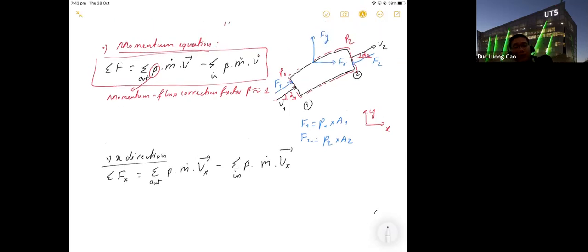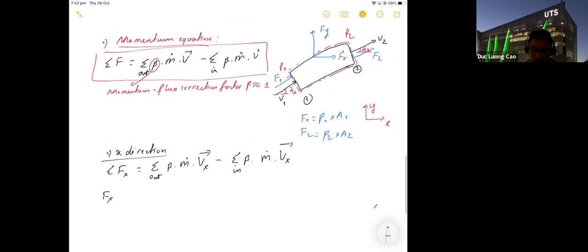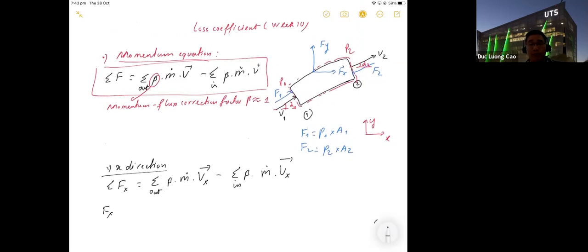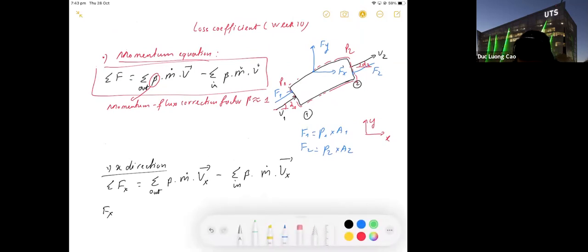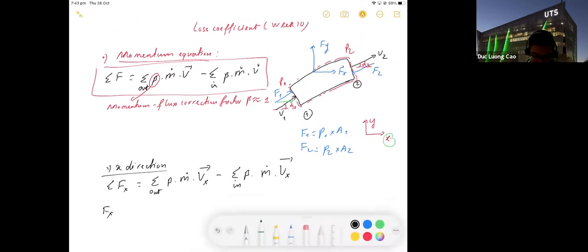So now for Fx, how many forces in x direction? Firstly, we have Fx, the force Fx. Second, we have F1 and F2 in x direction, F1x and F2x. F1x goes from left to right, same direction as x, so F1x will be positive, F1x equals F1 cos alpha 1.